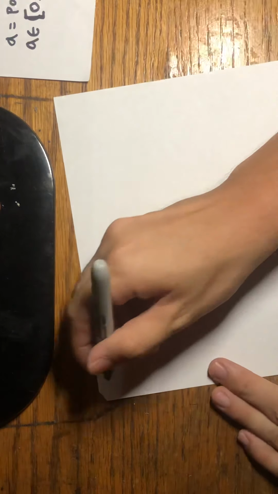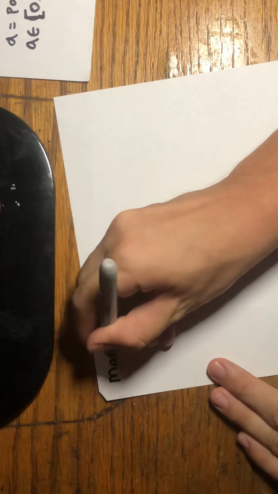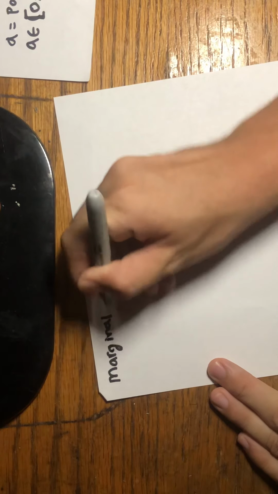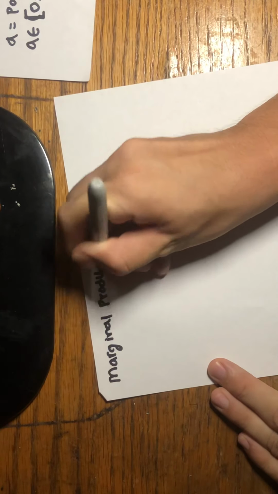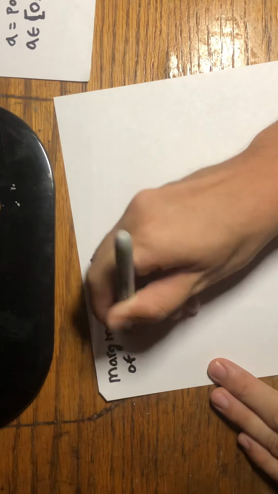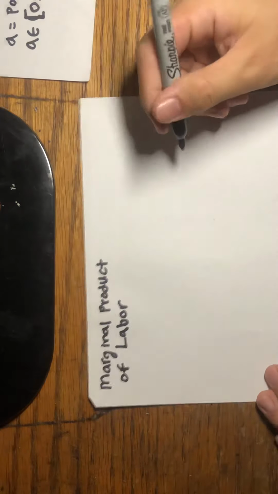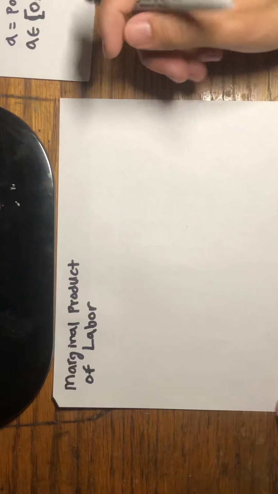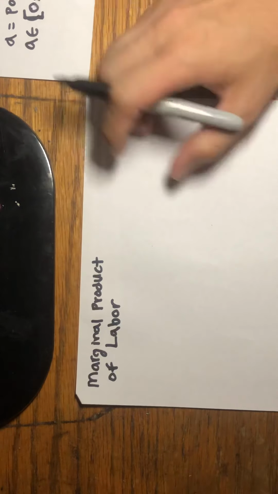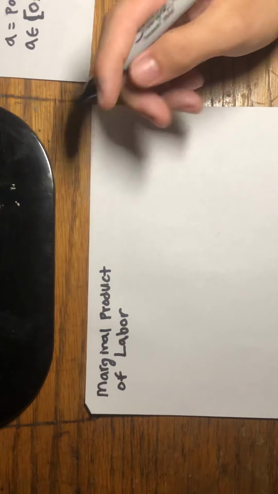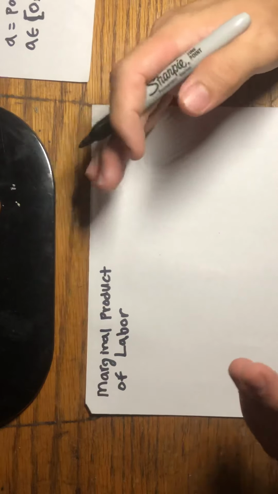is capital and labor. So I'm going to define something that's called marginal product of labor. Let's use labor first. So what marginal product of labor is basically, it's saying that when we're testing to see how effective labor is in generating our output.